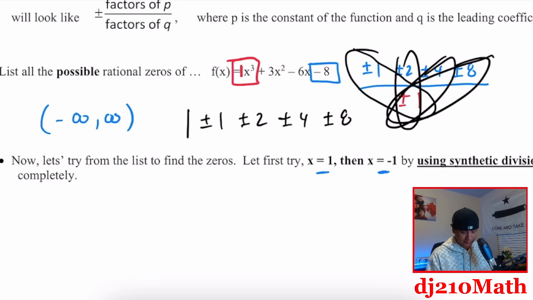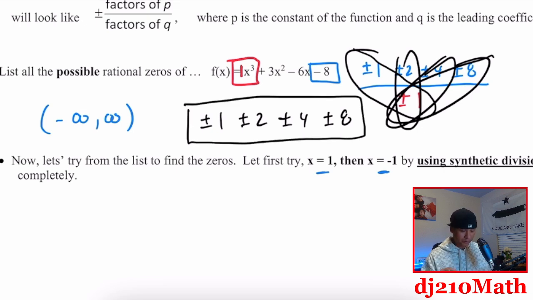But here's my list of numbers that I'm going to use, or that are possible zeros, right? X-intercepts or solutions, they all mean the same thing. Zeros, X-intercepts, solutions. So plus or minus 1, plus or minus 2, plus or minus 4, and plus or minus 8. So it's really 8 numbers.